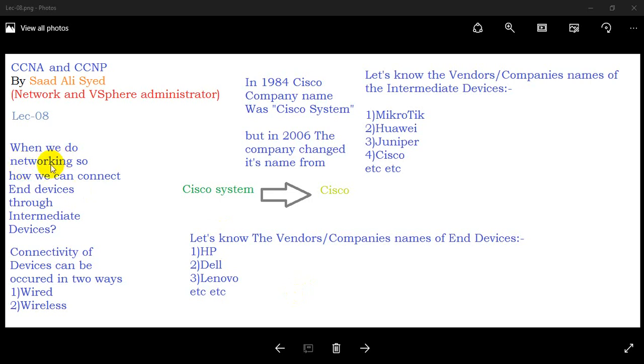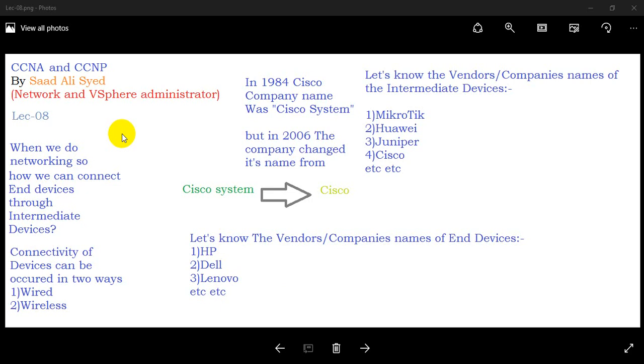When we do networking, how can we connect end devices through intermediate devices? The question is that when we do networking, meaning the process of creating a network, network means connectivity plus communication.